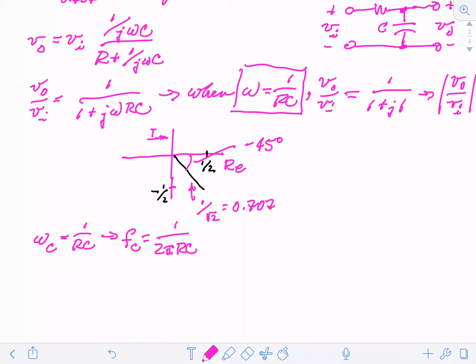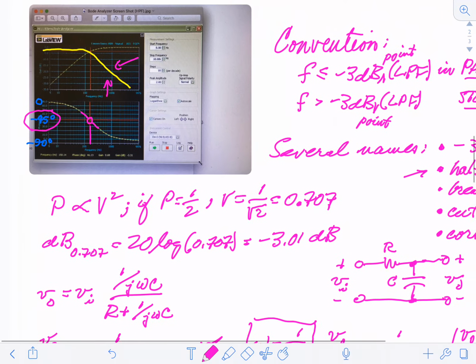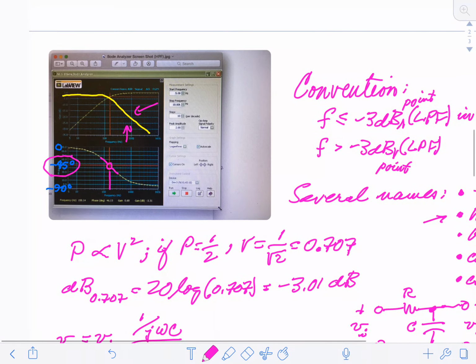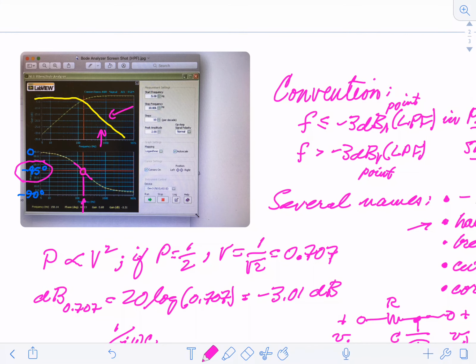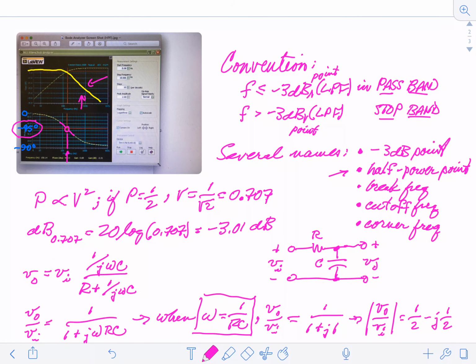And this is the theoretical value. It's a function of the resistance and the capacitance. And that will give you the theoretical value of the cutoff frequency, and now you can compare it to the frequency that you get by looking at where the line crosses the minus 45 degrees, and that is basically what is going on with the Bode analyzer.